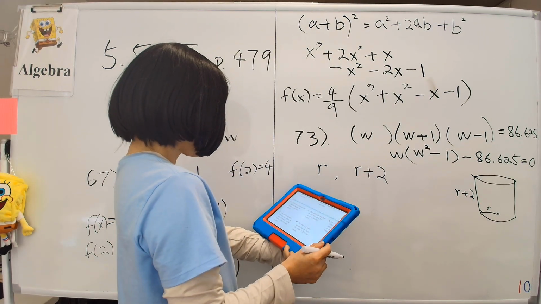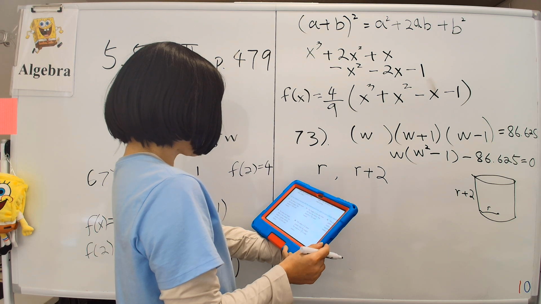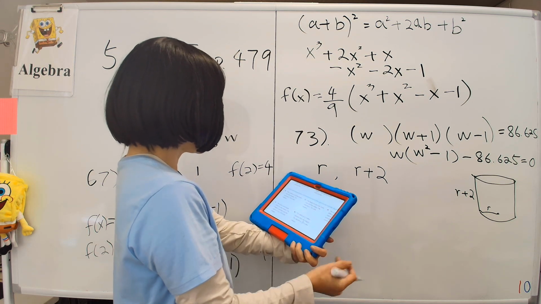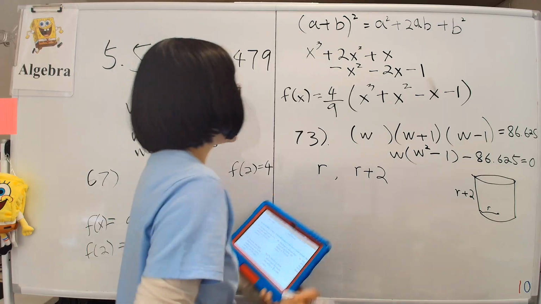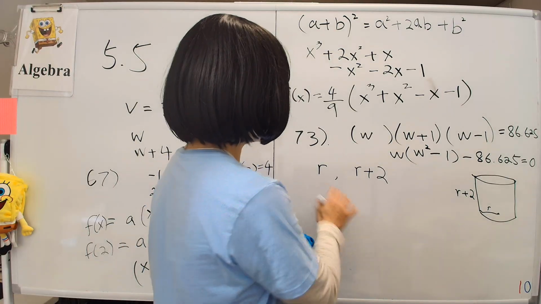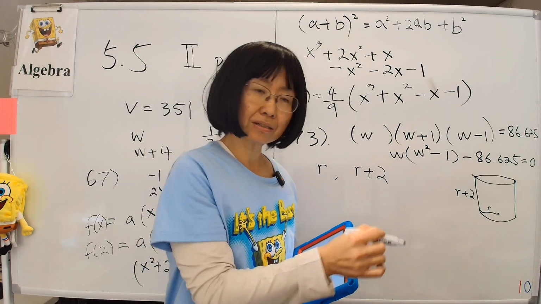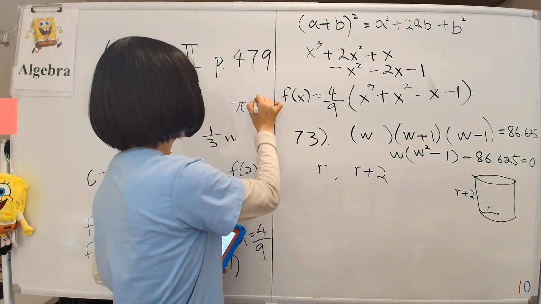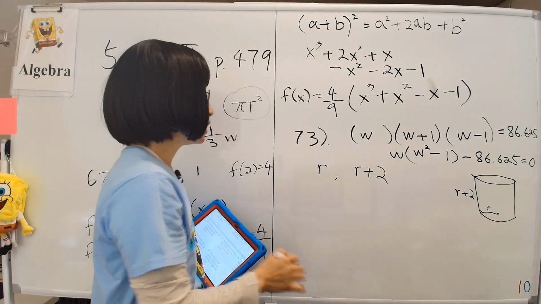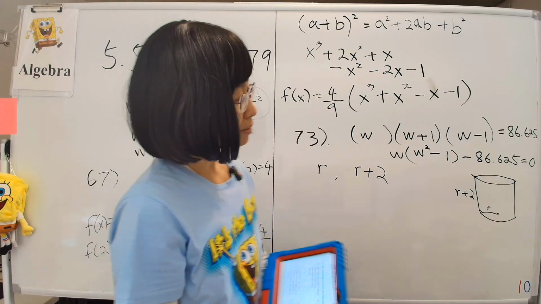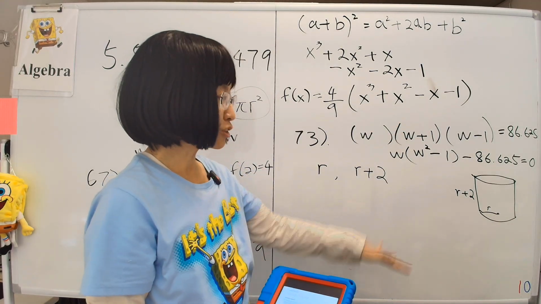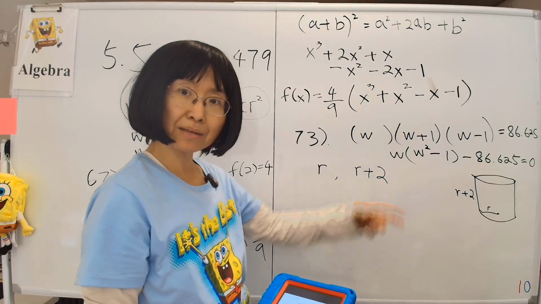And then the volume is whatever it is. We're trying to find the radius. The area of a circle is pi r squared. Please memorize that. And the volume of a cylinder is base area times height, and that's true for all things that are the same all the way up.